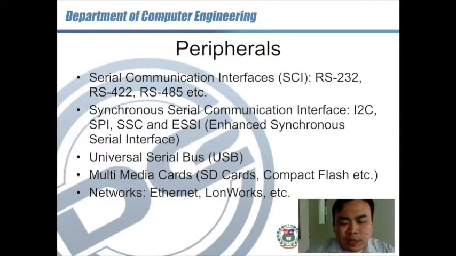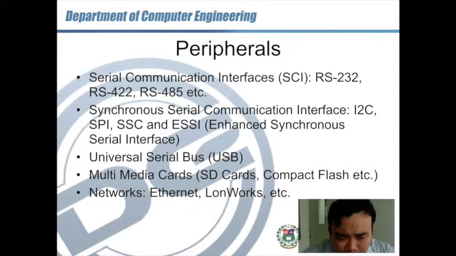We have the serial communications: RS-232, RS-422, RS-485. We have also the synchronous serial communications interfaces with I2C, SPI, SSC, and also USB, cards for multimedia cards, or interfaces for reading such cards, and of course Ethernet, LonWorks, etc.